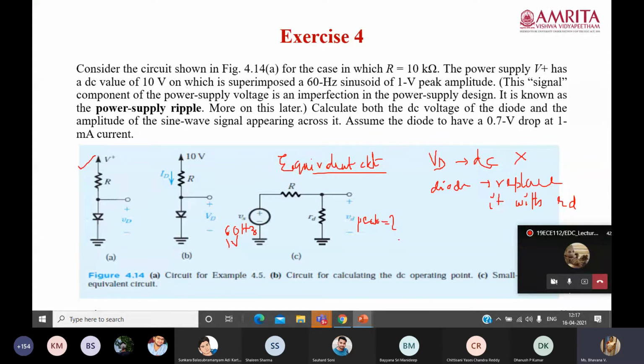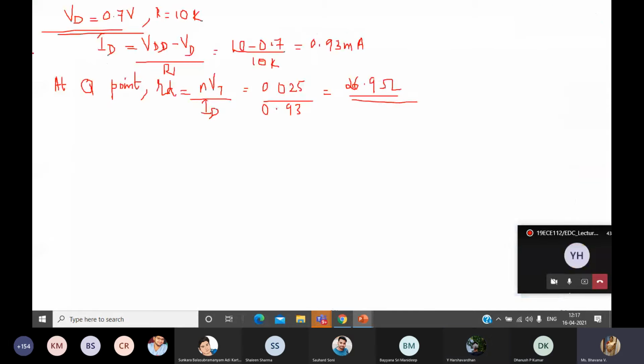So tell me what is the Vd peak? It is equal to Vs into small rd divided by R plus rd. So we are superimposing a 60 hertz 1 volt signal, which is Vs. What is asked in the question?